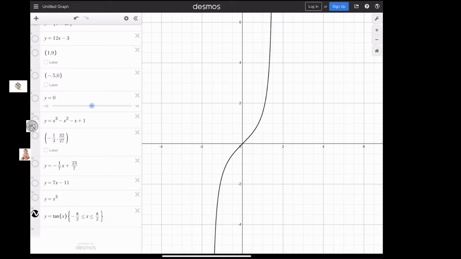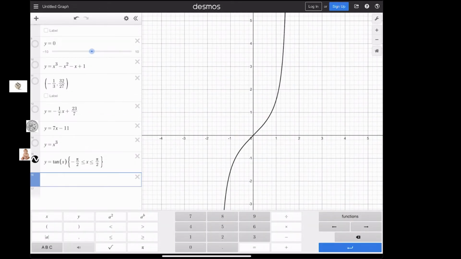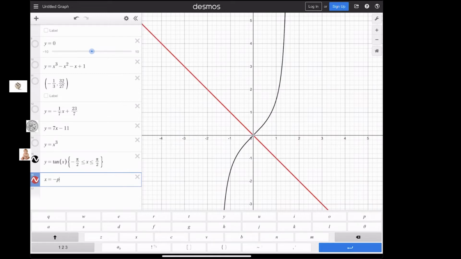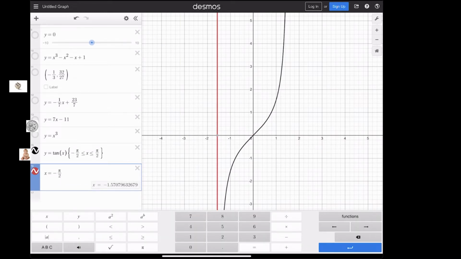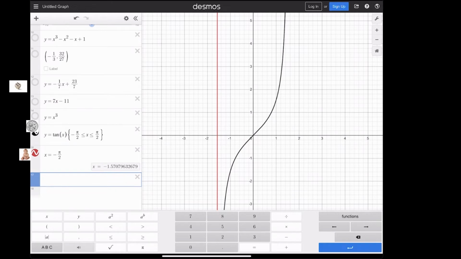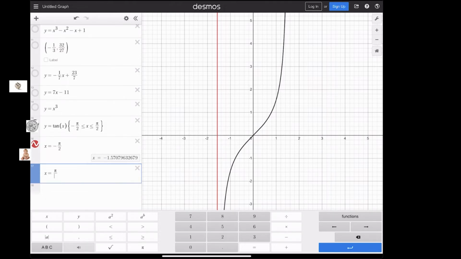Restricted domain. Now, you guys know I kind of like doing the asymptotes. I have to do x equals negative pi over 2, and then here x equals positive pi over 2.